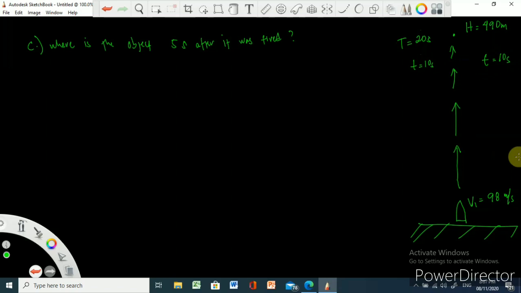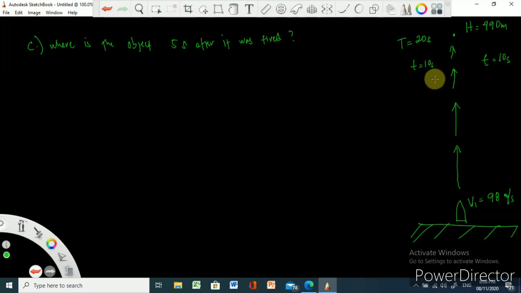So the question for letter C is this: where's the object 5 seconds after it was fired? Do we really have to solve this? Can we assume that after 5 seconds, the bullet is probably midway along the 490 meters, midway between the 10 seconds half time of flight?